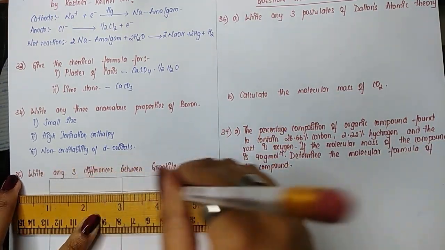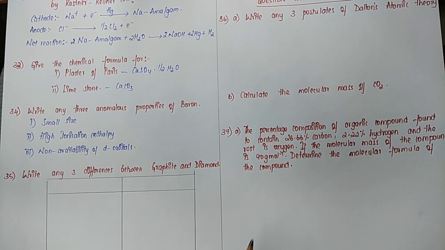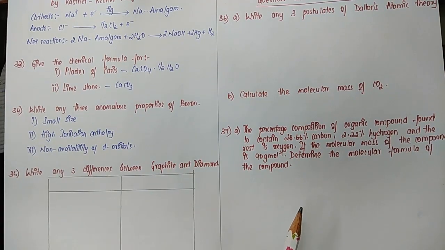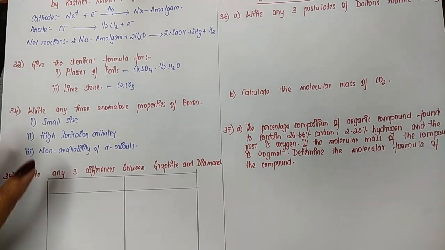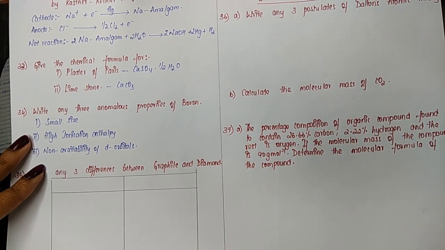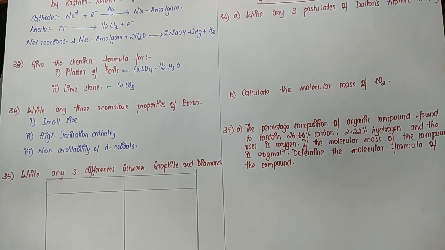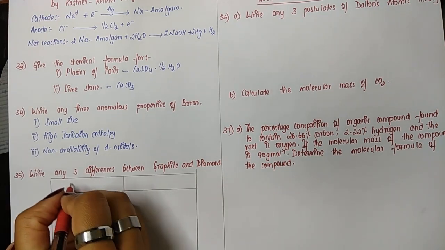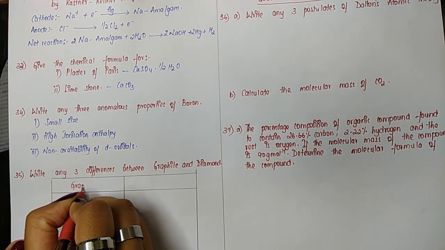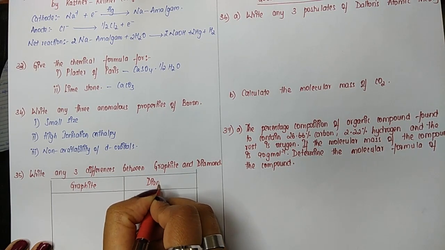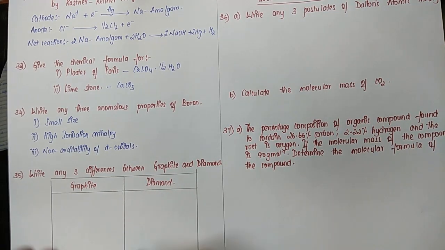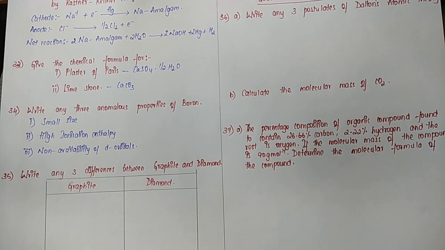That makes the correction easy too. So preferable way can be a table. So here we have graphite and we have diamond. Now let's write the differences between both.